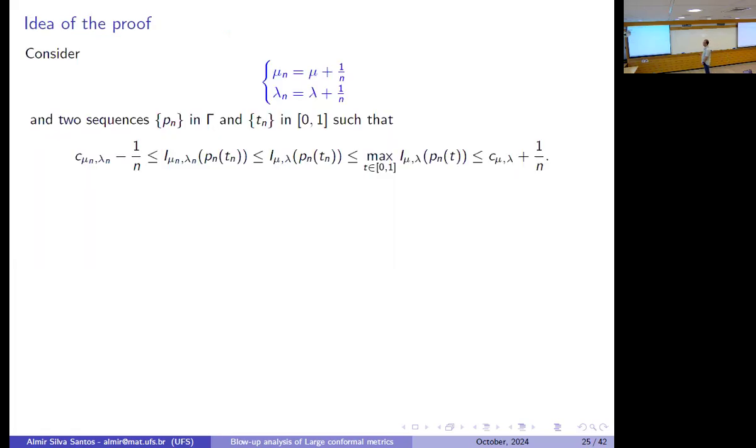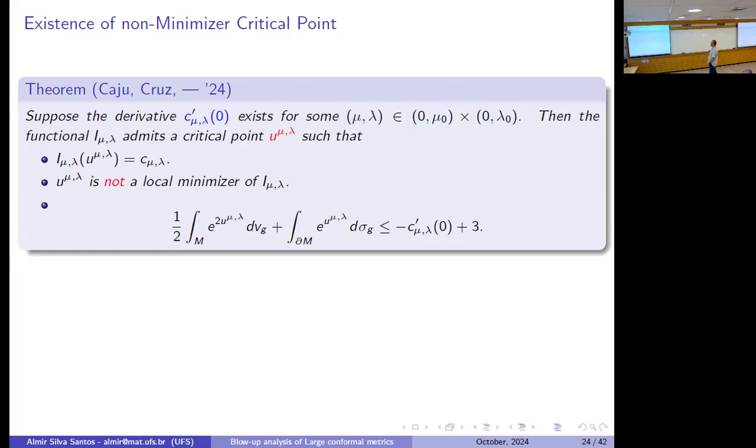So now, if you have this solution, which is not a local minimizer, what happens with this family of solutions when the parameters go to 0?